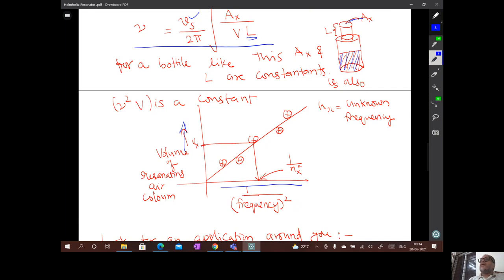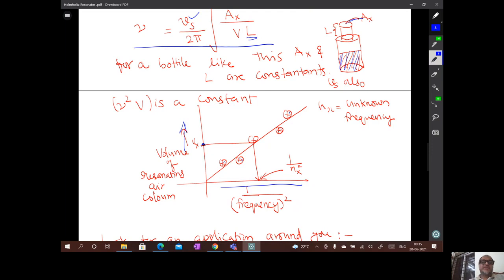Now, the volume of the air column which is resonating for the unknown tuning fork is, let us say, somewhere here. So what will you do? First, you have the volume and the 1 by frequency square. Of course you will get these points like this, right? 1, 2, 3, 4. Then you join the 4 points with a straight line.